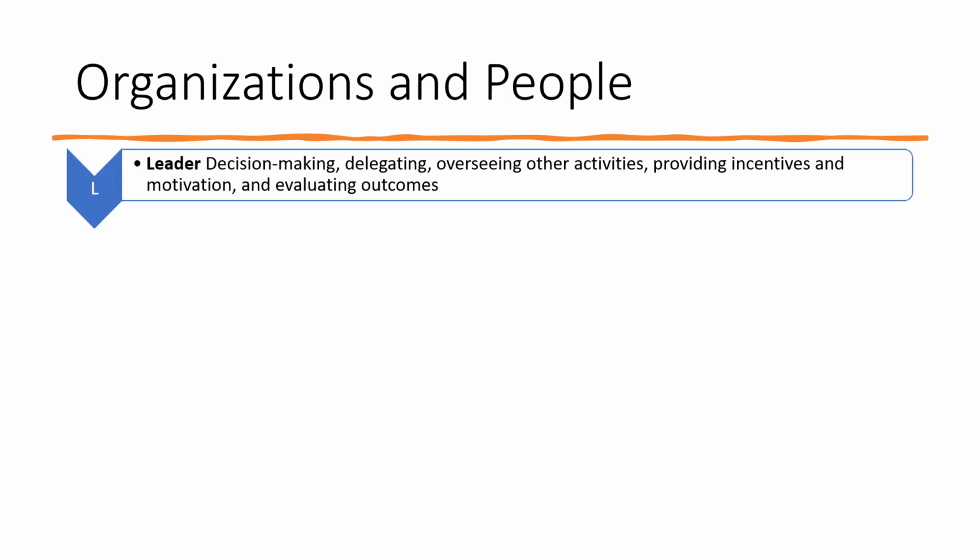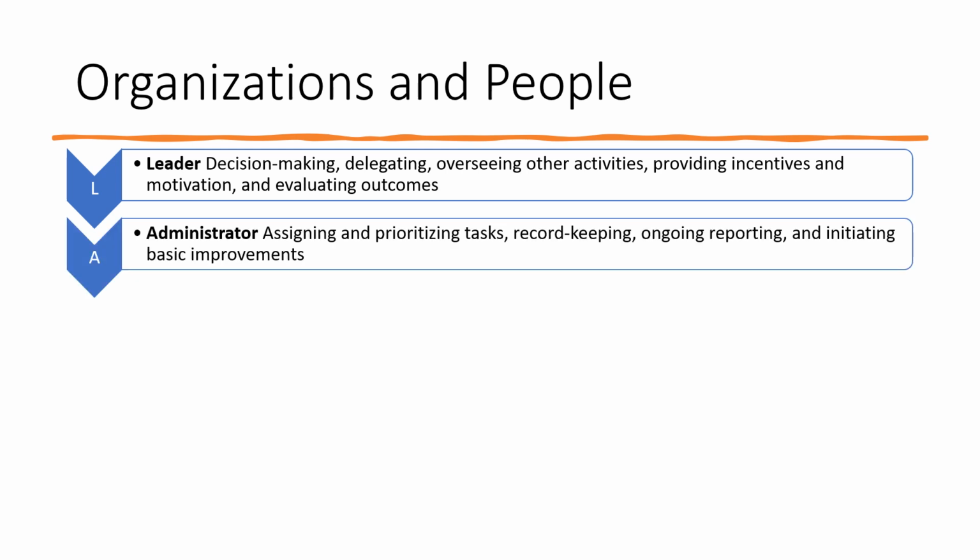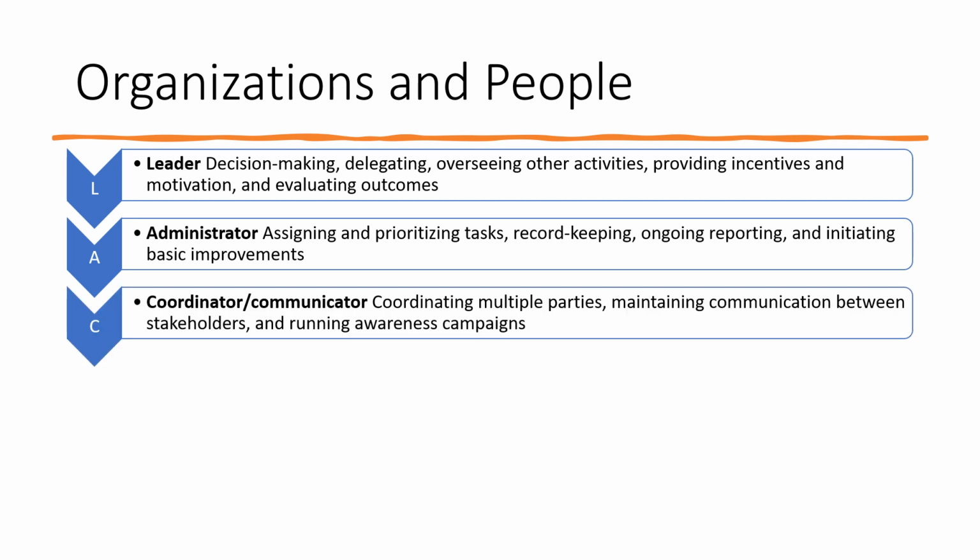Leader: decision-making, delegating, overseeing other activities, providing incentives and motivation, and evaluating outcomes. Administrator: assigning and prioritizing tasks, record-keeping, ongoing reporting, and initiating basic improvements. Coordinator communicator: coordinating multiple parties, maintaining communication between stakeholders, and running awareness campaigns.